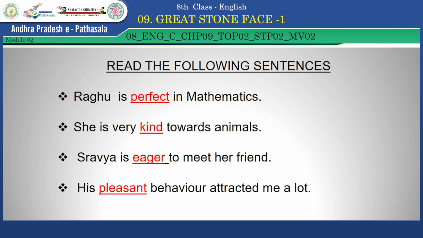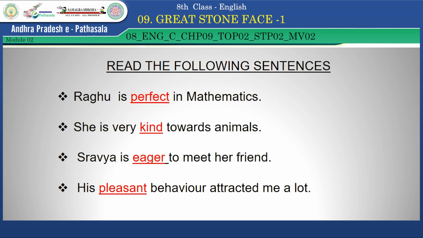Who is eager to meet her friend? Shravya is eager to meet her friend. In the fourth sentence, who has pleasant behavior? He has pleasant behavior. So, here the underlined words are adjectives and they talk about the nouns or pronouns. I think you have understood that those underlined words are adjectives.